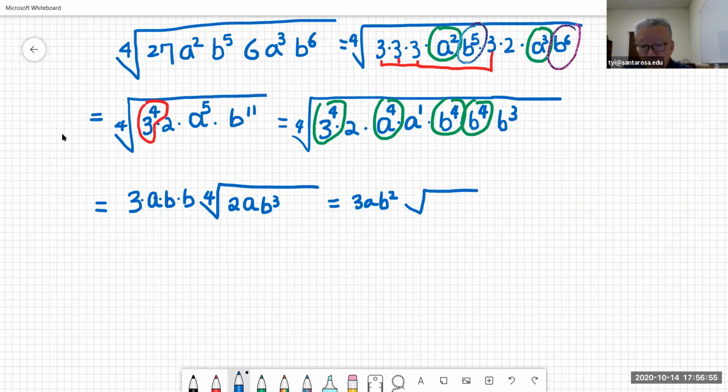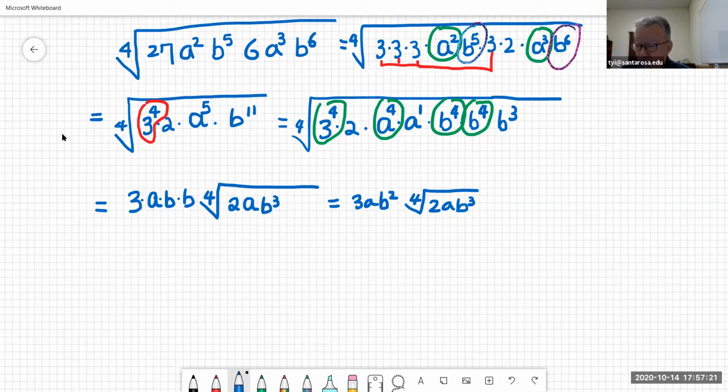Fourth root, and I have a 2 a b cubed. Okay. So in this case, we didn't use any rational exponent. We just did everything inside the radical without converting anything into the rational exponents.